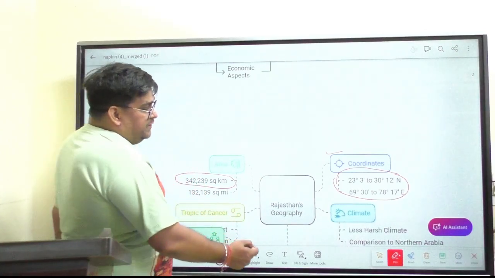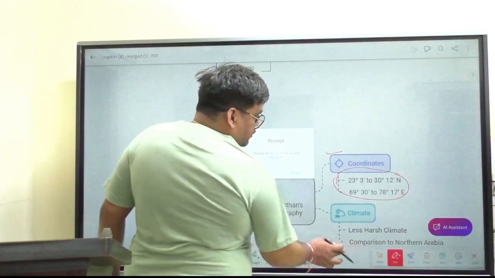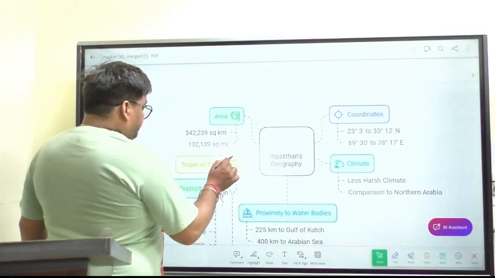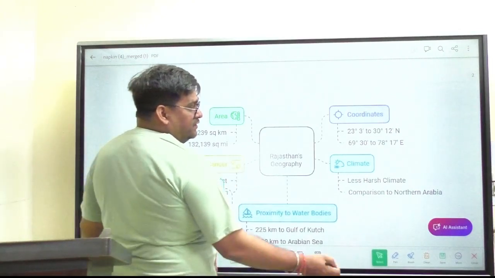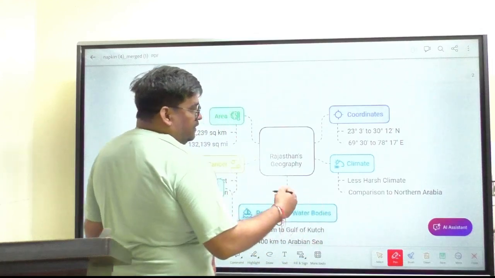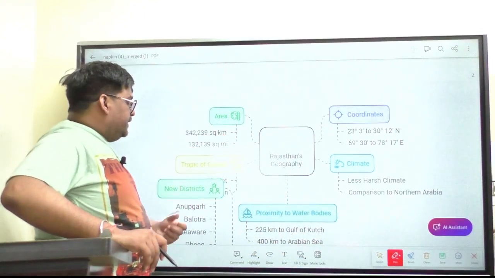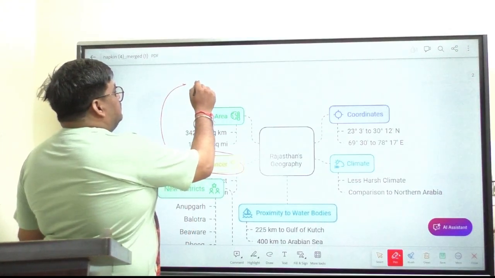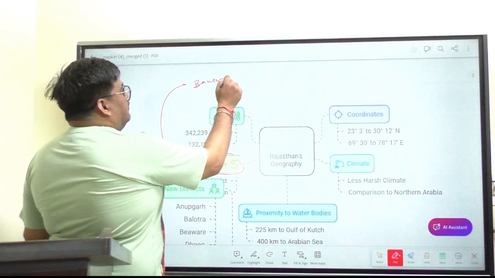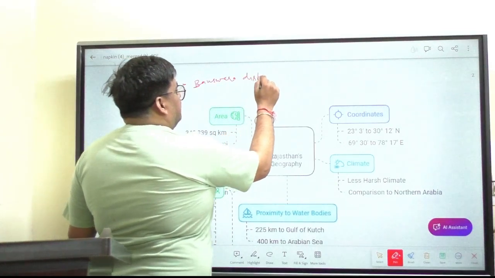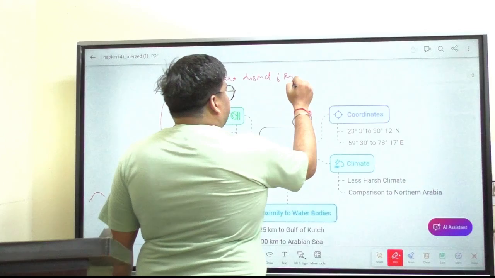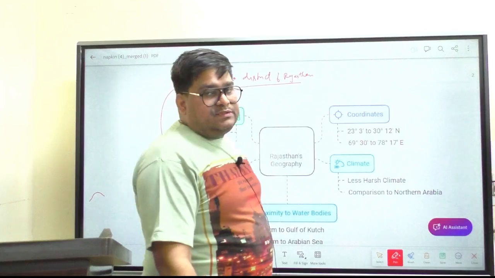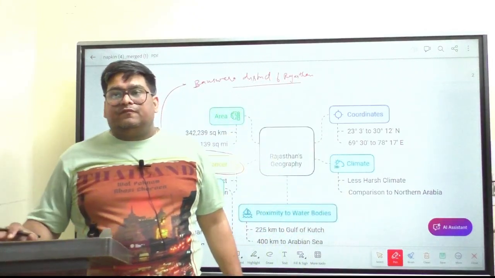It is hidden over there, as these diagrams have been mixed together, so it's not very clear. I will be covering these districts later. But the Tropic of Cancer passes through the Banswara district, which lies in the southern portion of Rajasthan.